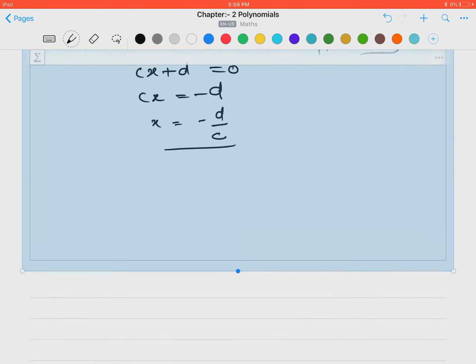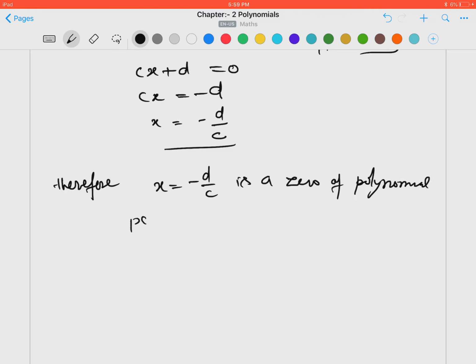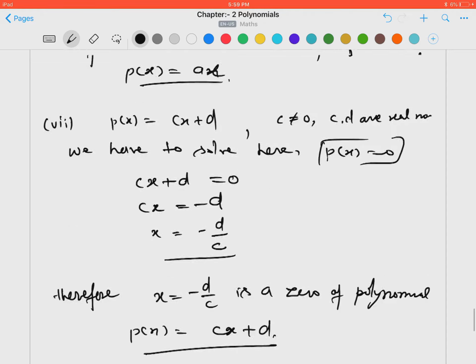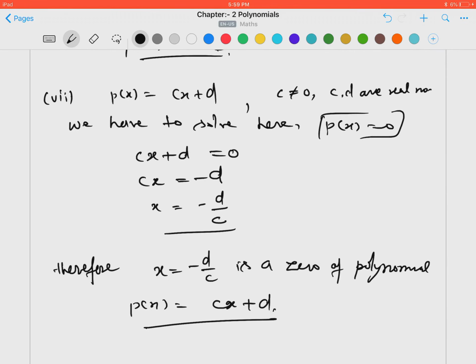So this is the value of x. You will write, therefore, x equals minus d by c is a zero of polynomial p(x) equals cx plus d. That's the answer of this part.